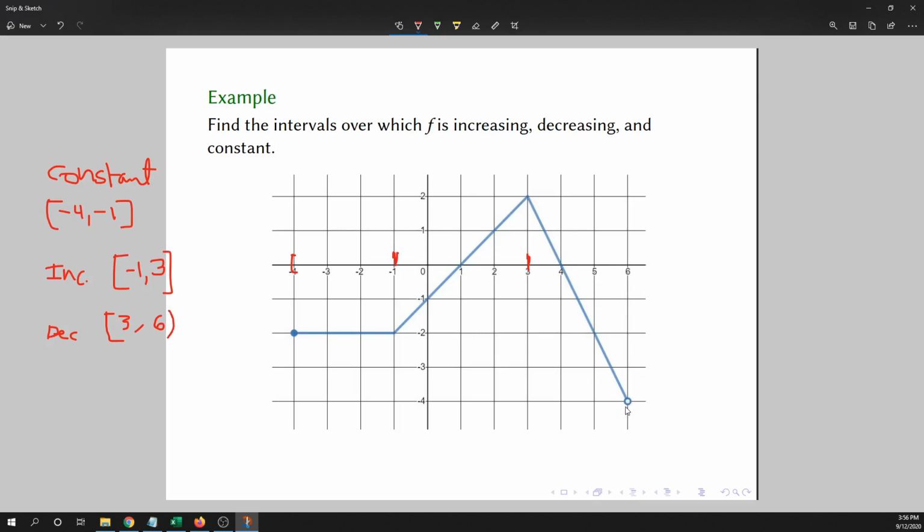The fact that this is an open dot means that there is not even really a point on the graph at 6 at all. But there were points as close as you want to get to 6. So we would put this as an open parenthesis in this particular case. So that's where that graph is constant, increasing, and decreasing.